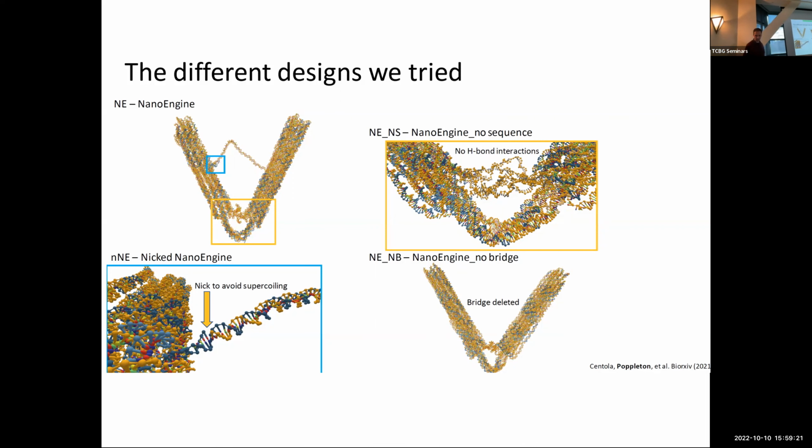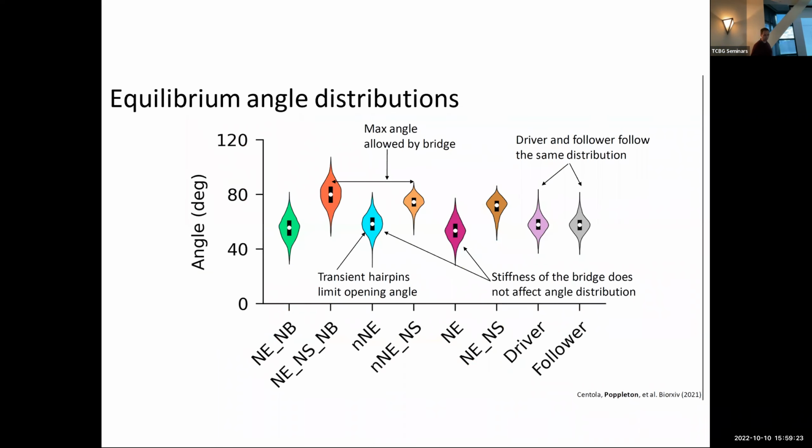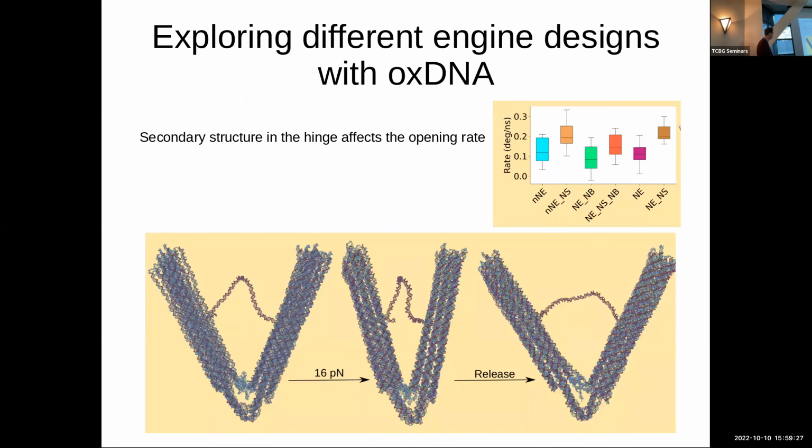The only thing which indeed had a big effect in the simulations, on both the equilibrium angle and on the rate of the opening and closing, was the presence of secondary structure hairpins in the single-stranded region. So in the simulations, we can explicitly design the sequence not to form any hairpins, which they couldn't do easily for the experimental design.